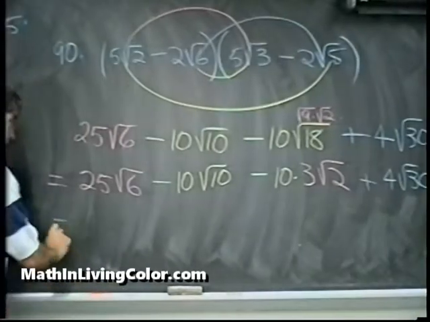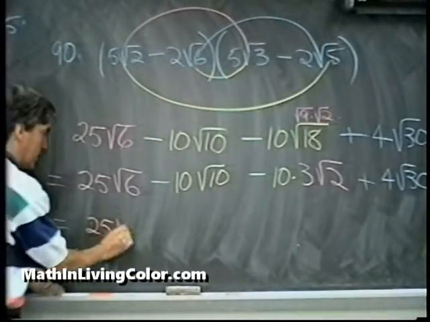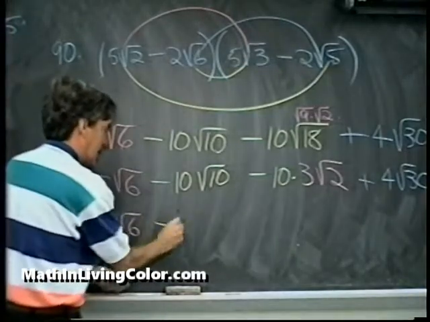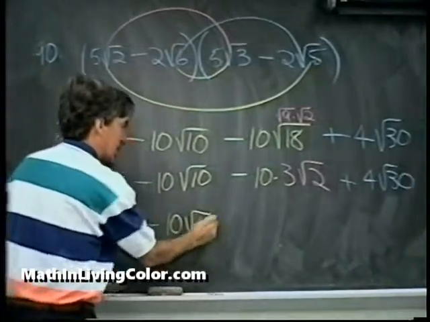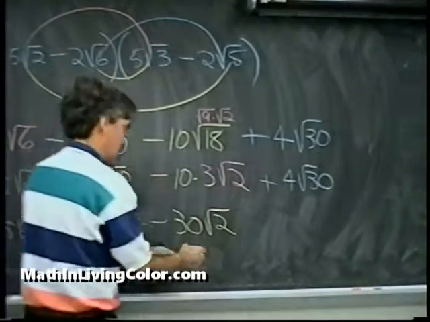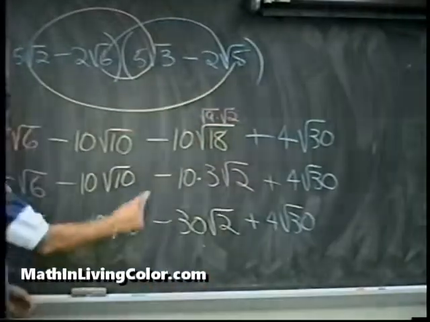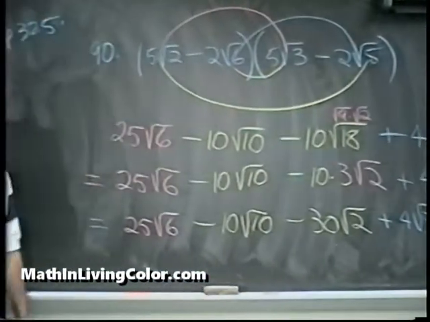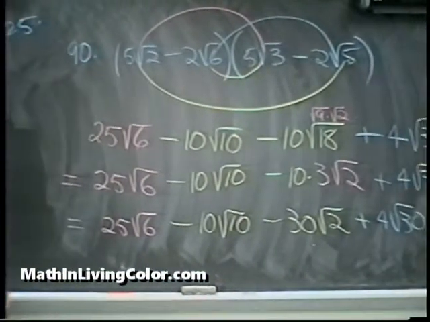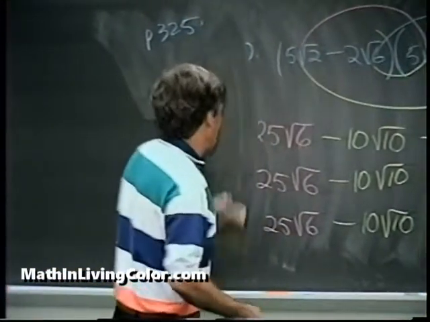And now the final answer is 25 radical 6 minus 10 radical 10 minus 30 radical 2 plus 4 radical 30. And nothing there combines or simplifies. Okay? Any question on that? Okay? I got one more problem I'd like to do with you.